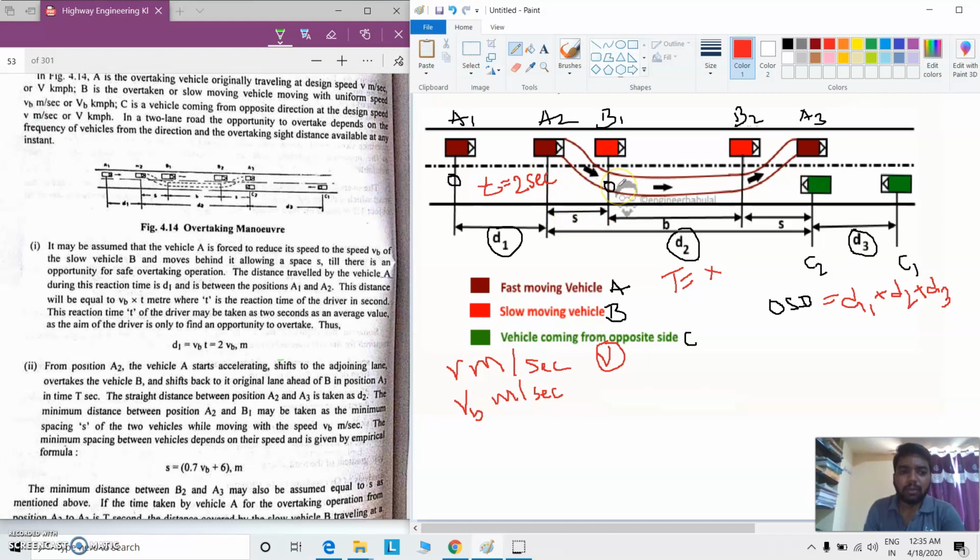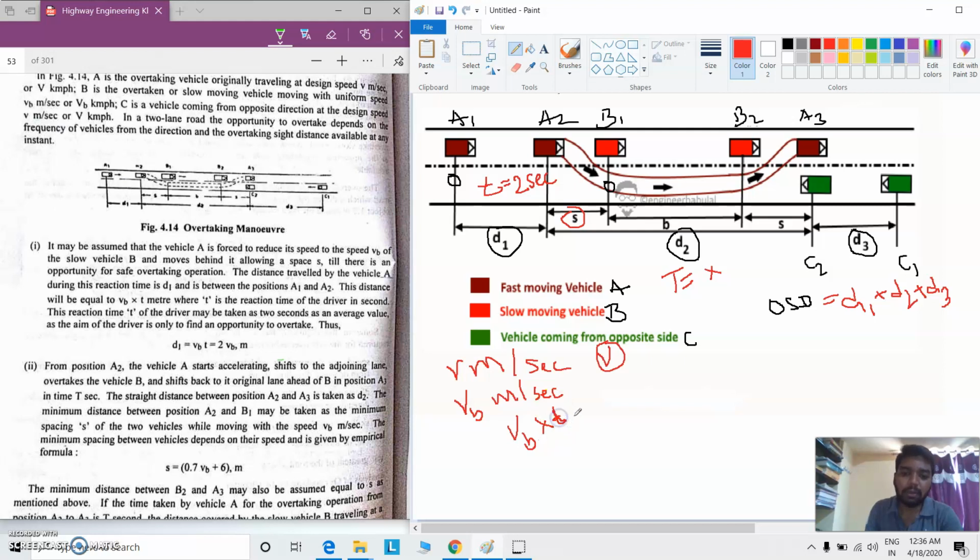It may be assumed that vehicle A is forced to reduce its speed to the speed VB of the slow vehicle B and moves behind it, allowing a space S. The distance traveled by vehicle A during the reaction time is considered to be D1. From position A1 to A2, the distance is VB into T, where T is the reaction time of the driver.